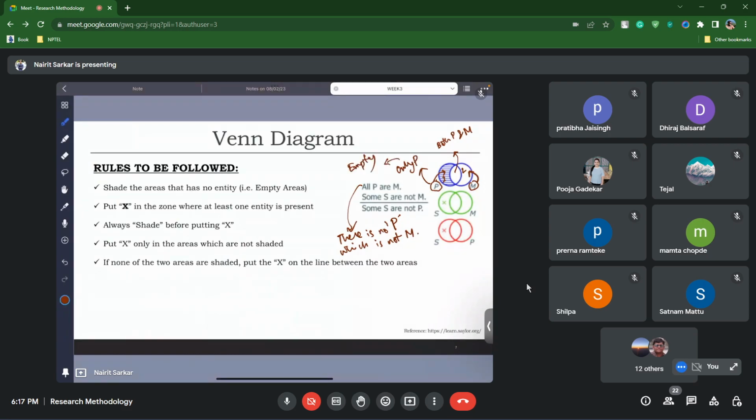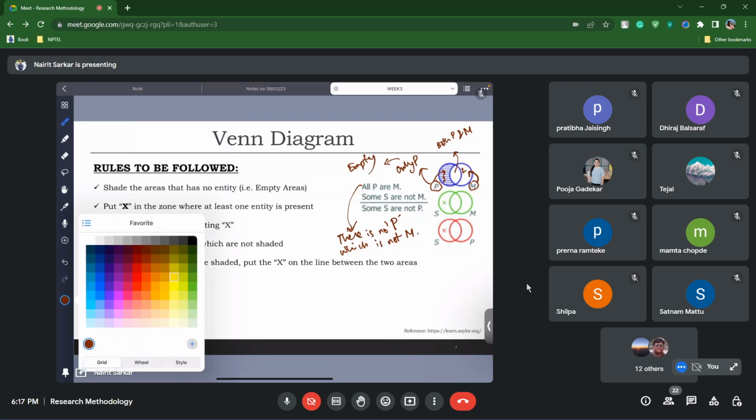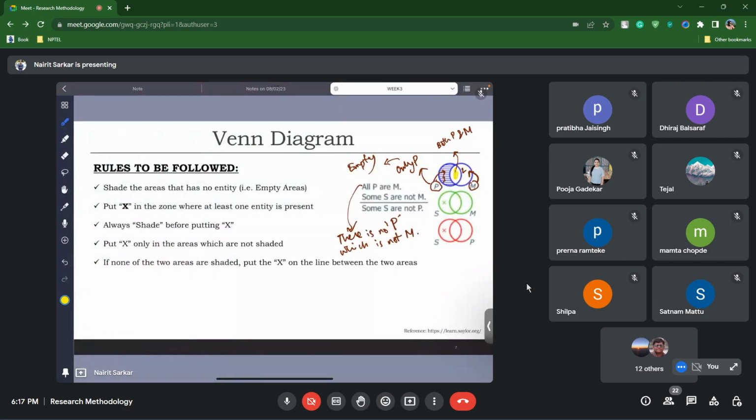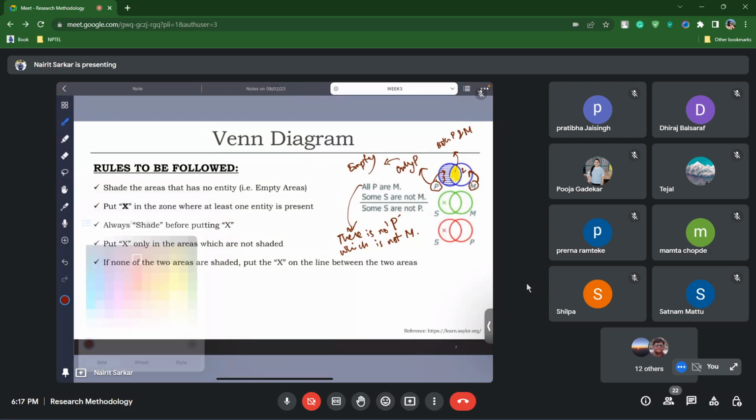Because all P is M, so all P stands in the M area. So we shade only the empty areas. Empty areas we shade, right? We shade the empty areas.